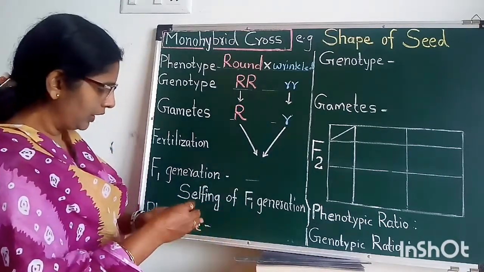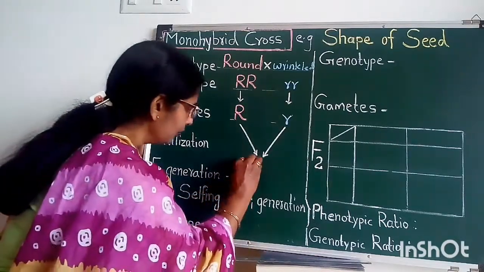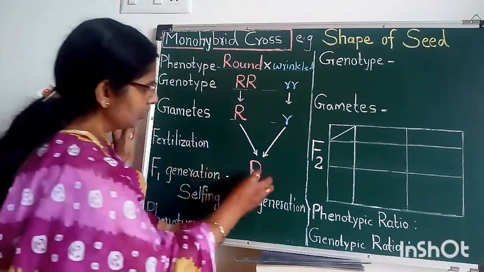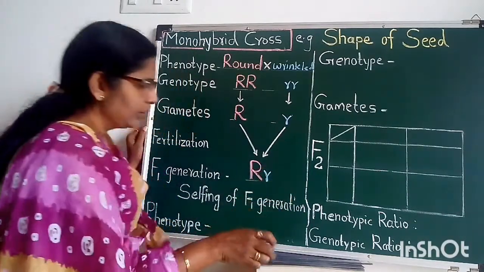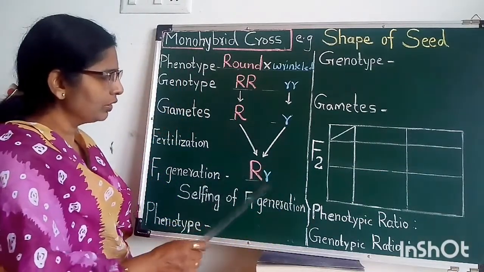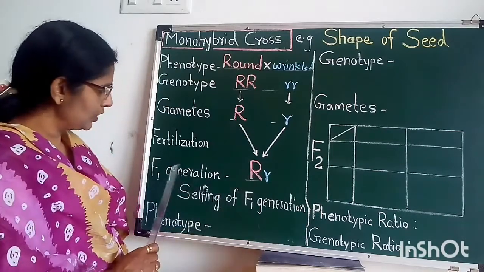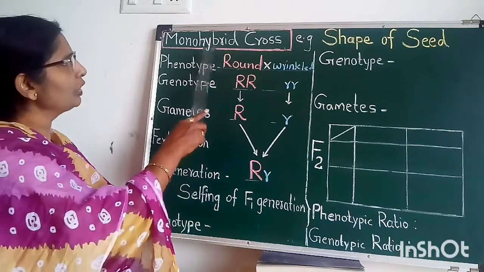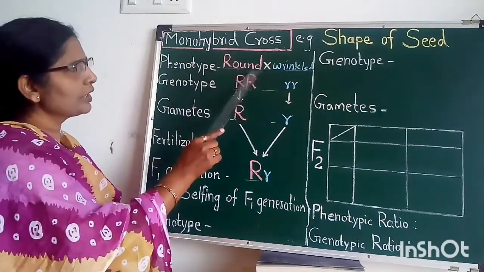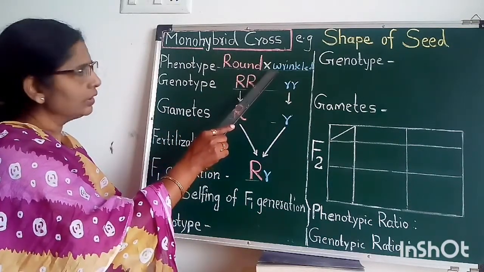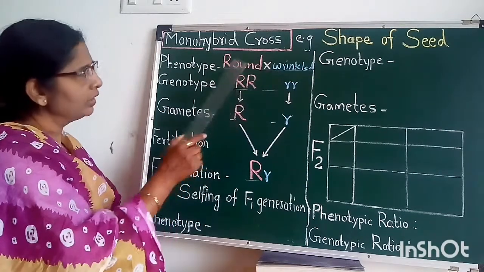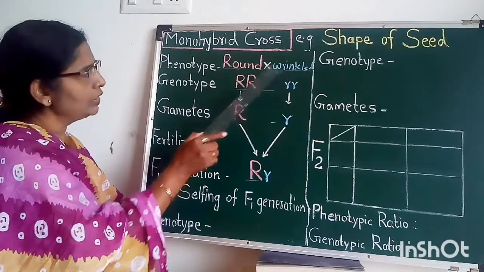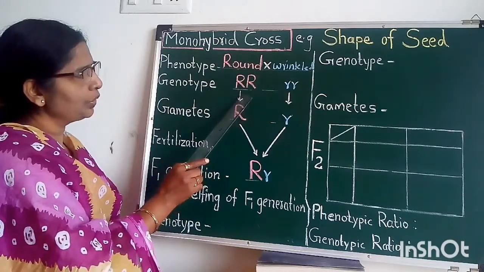After fertilization, we will get this. So now we have got the first generation, which is called F1 generation. What we have done for the monohybrid cross: first we crossed the parents differing in their contrasting characters. One plant has round shape of seed, the other plant has wrinkled shape of seed. This is their genotype.